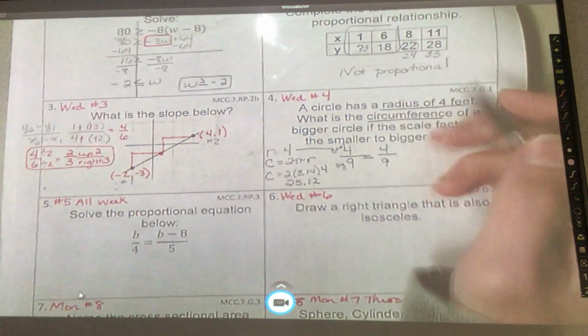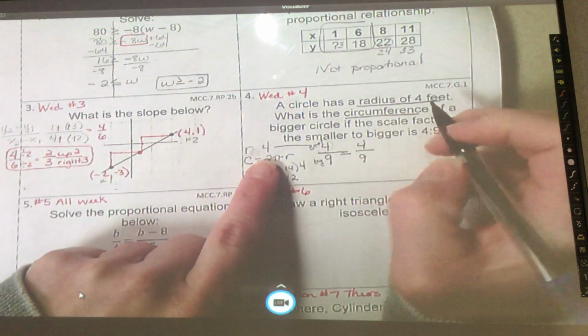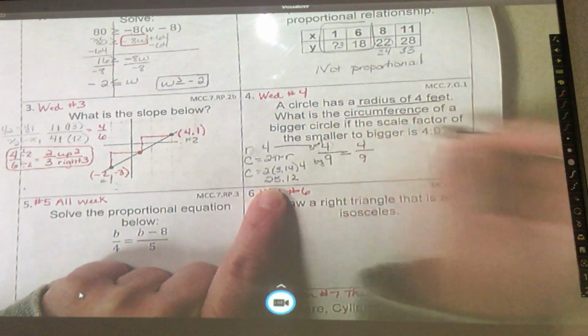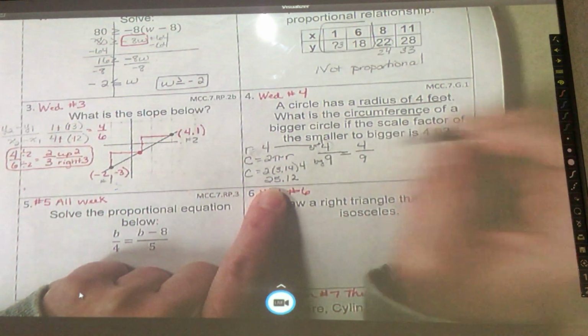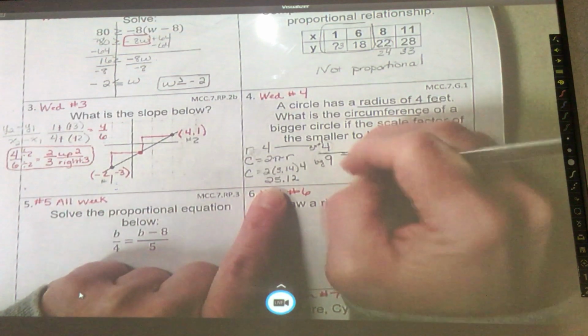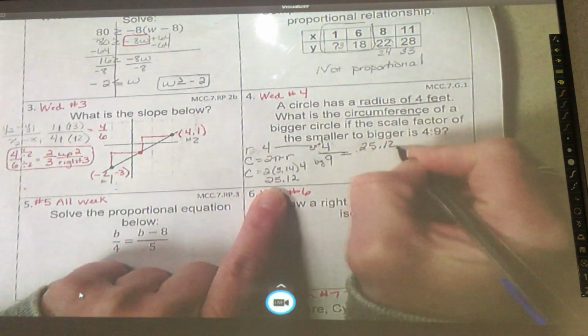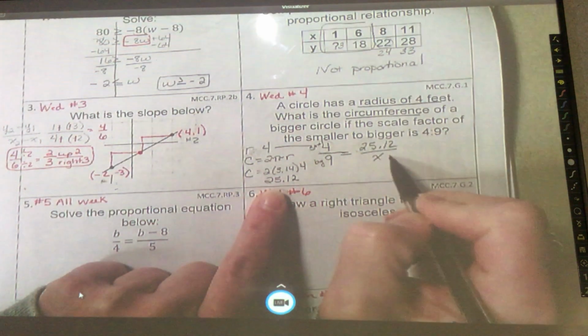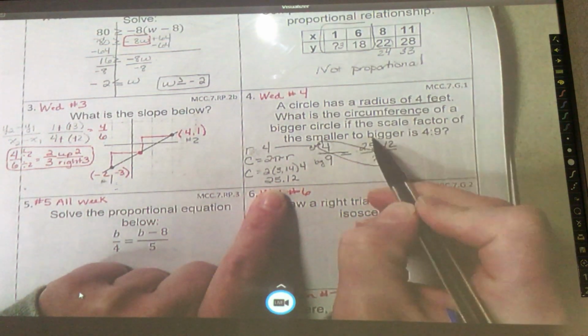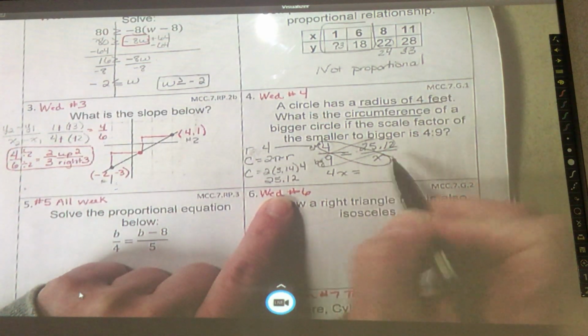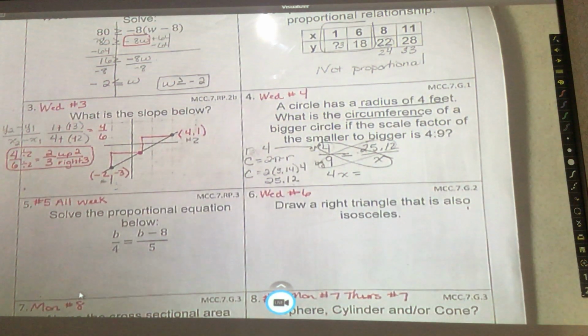Well, let's finish doing this. So we've got 4 to 9, right? And then the circumference is going to be, let's erase that, 25.12 over x. We're gonna do that, so 4x equals 9 times this, and yours might just be off just a little bit because you have the 0.13.